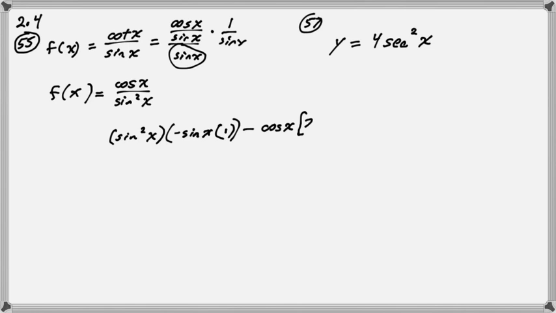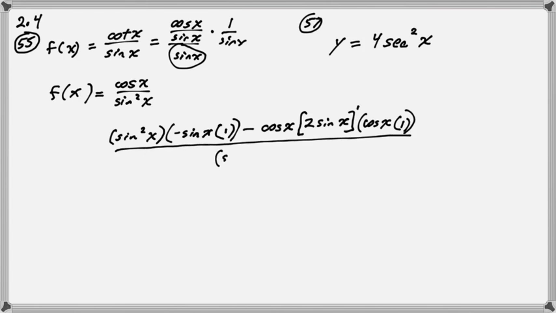Derivative of sine squared, you do power times base to the 1 less power times the derivative of base. Derivative of sine is cosine, same angle, derivative of angle. All divided by the bottom squared.